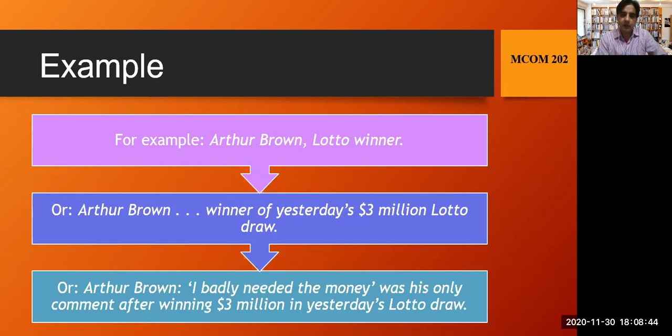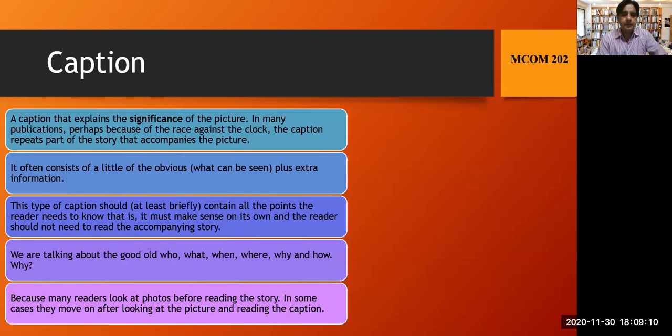If you have a mugshot of Arthur Brown, you will only write Arthur Brown, Lotto winner. Lotto is the common term used for the lottery. Or if you have a slightly bigger picture or an action picture, Arthur Brown, winner of yesterday's 3 million Lotto draw. Or if you have a bigger picture and he has won a lot of money, then you can write in detail, but in most cases, it will be Arthur Brown, Lotto winner.